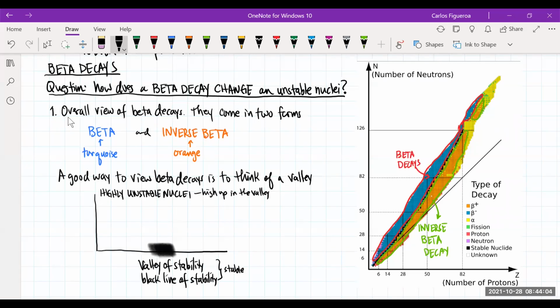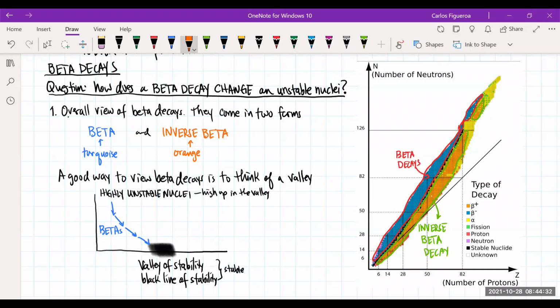Why? Because it's in an unstable position. So if you have a highly unstable particle, what does it do? It decays. And as it decays, it's always moving towards the black line of stability, the valley of stability. And this blue here is the area of the betas.